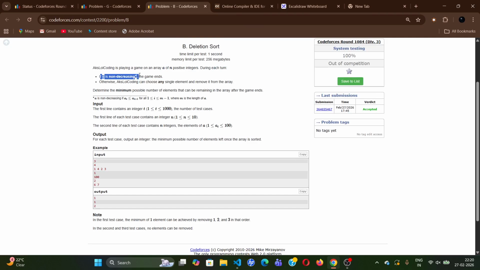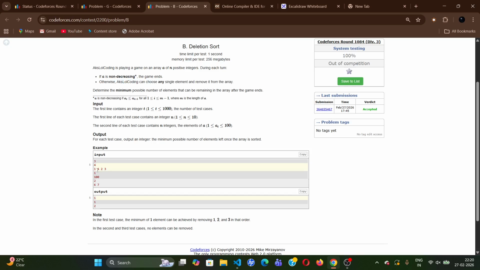So if A is non-decreasing, the game ends. Now you can make the array non-decreasing. Okay, I am a little bit confused right here. The minimum possible number of elements that can be remaining in the array. Okay, you can choose any single element and remove it from the array.